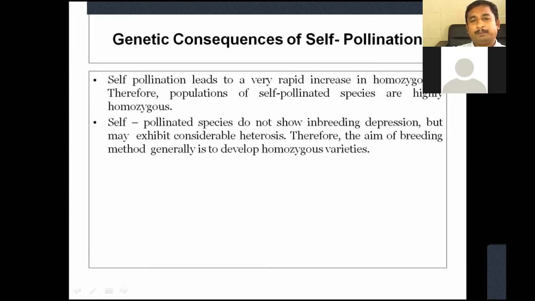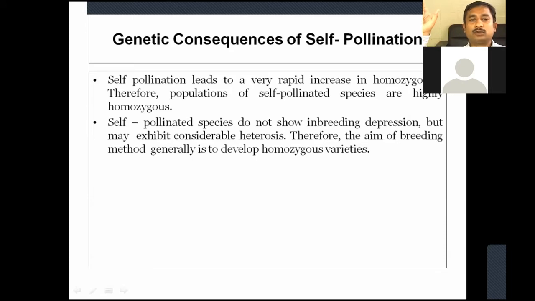When we cross plant A and plant B, which are genetically different, the F1 gives, for example, plant A gives 5 quintals of yield, and plant B gives 10 quintals of yield, and then I cross both these plants. The F1, the progeny of these two parents, will give a higher yield than both parents or the superior parent.